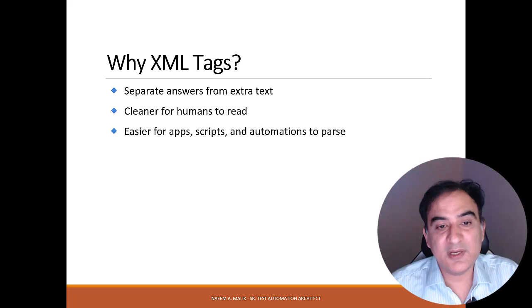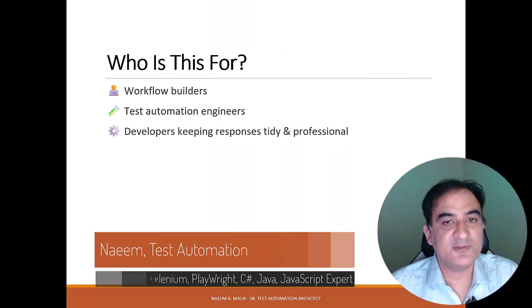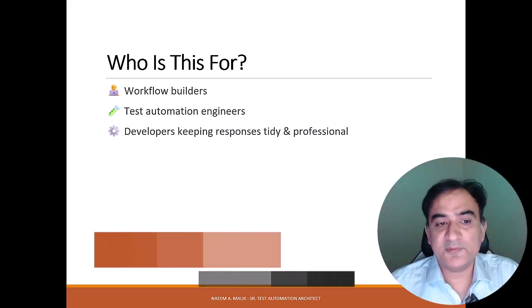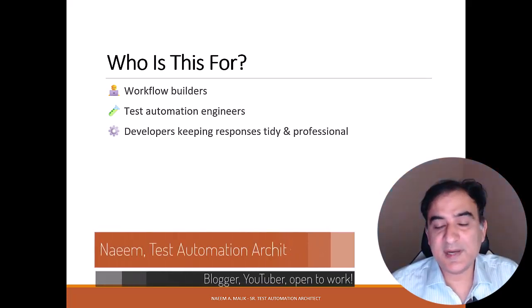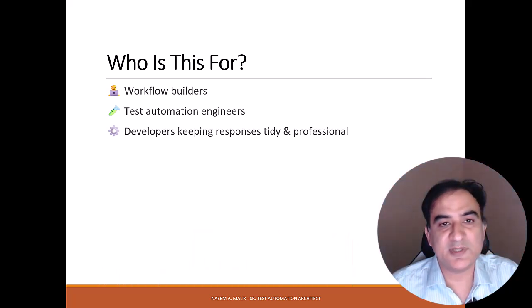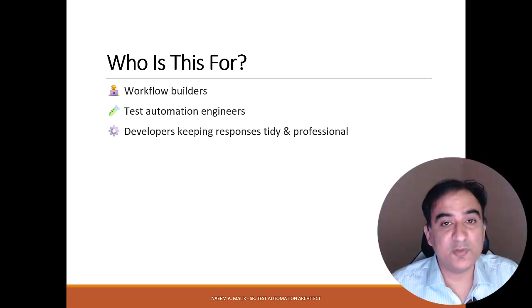This not only makes responses cleaner for humans to read, but also easier for your apps, scripts, and automations to parse. If you are building workflows, writing test automation, or simply want to keep your AI responses tidy and professional, this chapter is going to be a game changer, so watch till the end.